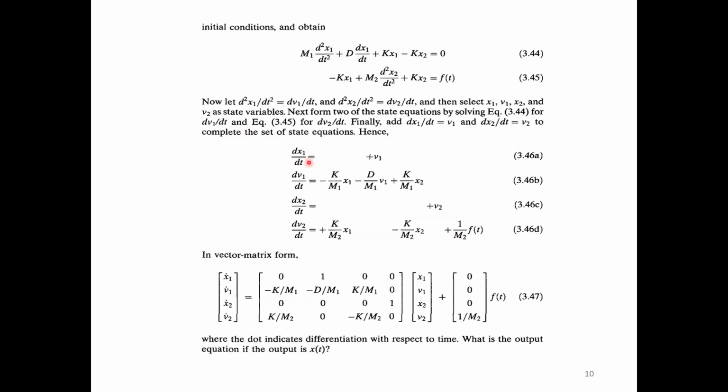So x1 dot is v1, others are 0. v1 dot is this one, this one, this one, others are 0, and the v2 term is 1, v2 dot. These will be the equations. Okay, ft is here, so ft is separate.